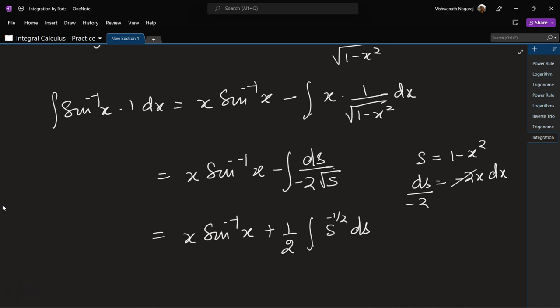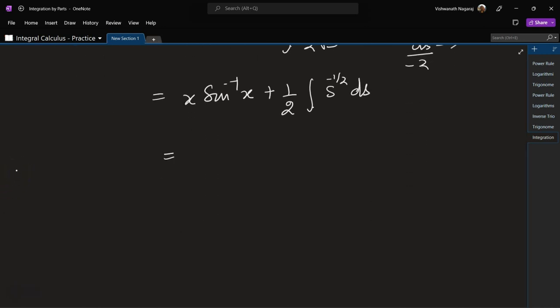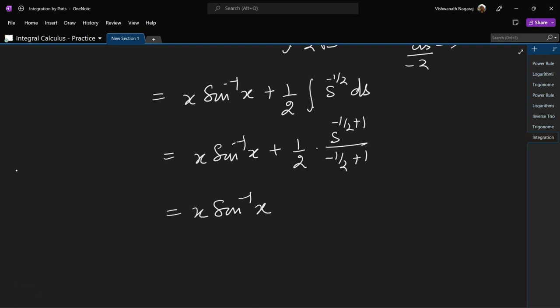Okay, now x sine inverse of x plus half, and if we integrate it, what do we get? s to the power of minus half plus 1 by minus half plus 1, which gives us x sine inverse of x plus 1 by 2 s to the power of 1 minus half, that is half, by, and here again we have half, so 2 and 2 cancel, and we have x sine inverse of x plus square root of s.